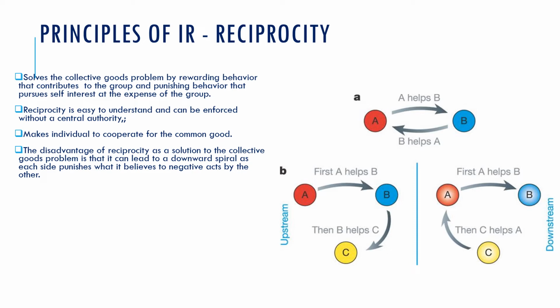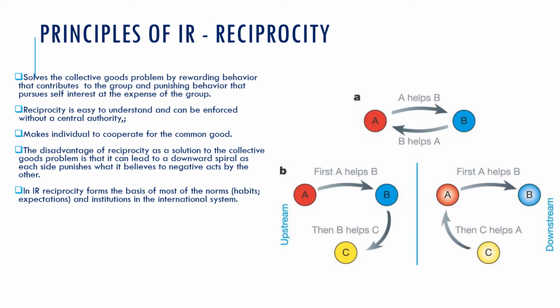Let's say three countries are trying to figure out some solutions at their borders. If they don't really like the behavior of one of their partners, they might impose sanctions, or they might punish them.